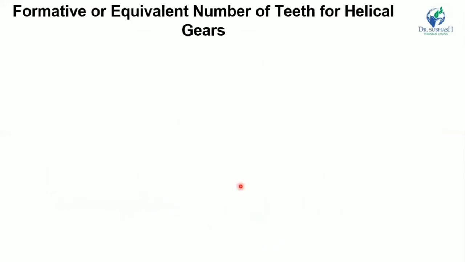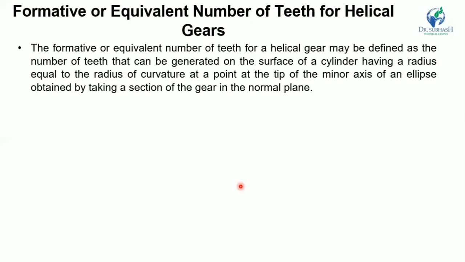Now next, the formative or the equivalent number of teeth for the helical gear. What does it mean? The formative or equivalent number of teeth for a helical gear may be defined as the number of teeth that can be generated on the surface of a cylinder having a radius equal to the radius of curvature at a point at the tip of the minor axis of an ellipse, obtained by taking a section of the gear in the normal plane.